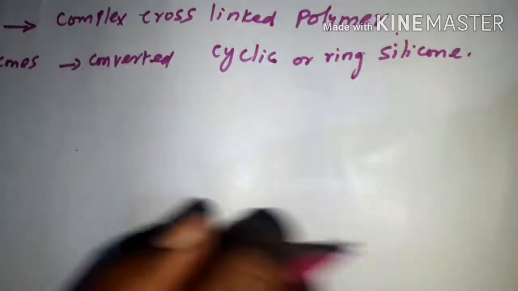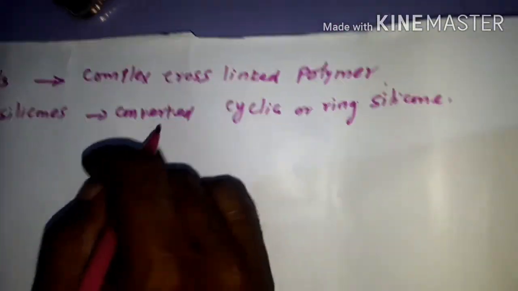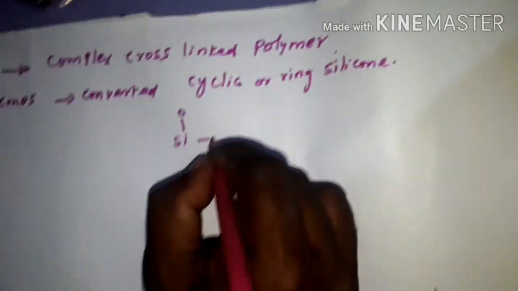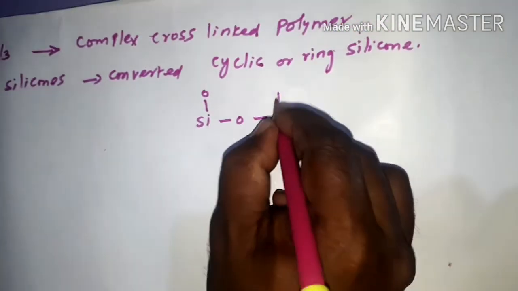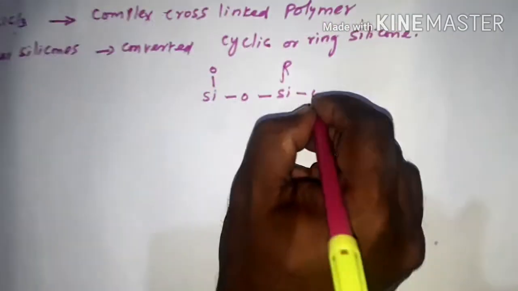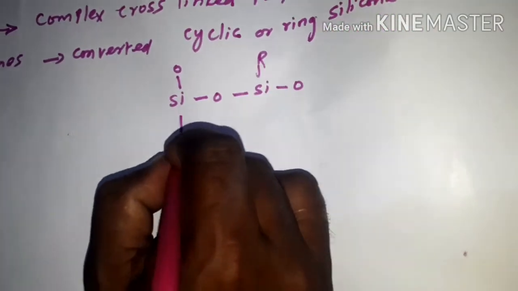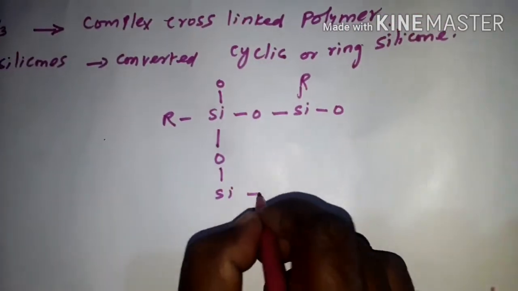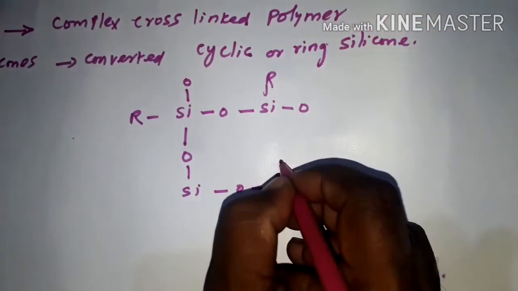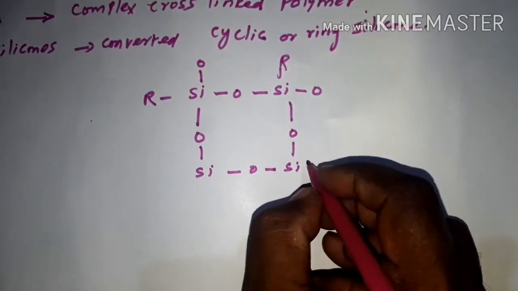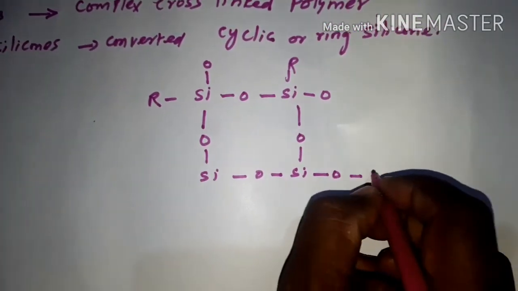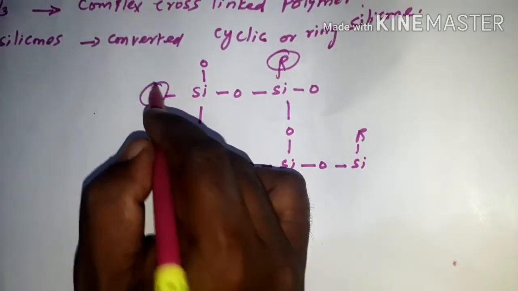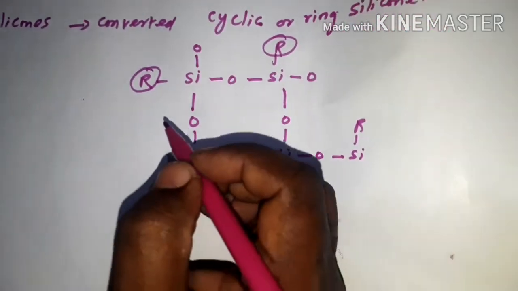So cyclic means it's like a benzene structure. So the structure will be Si O Si R, O, and again here O, here R, Si O Si, then O and O Si R. This is monoalkyl, that is linear silicones.